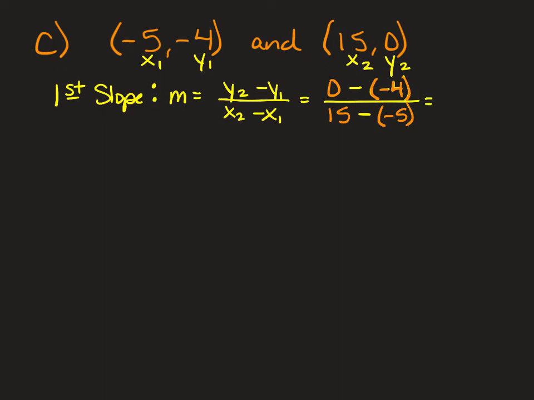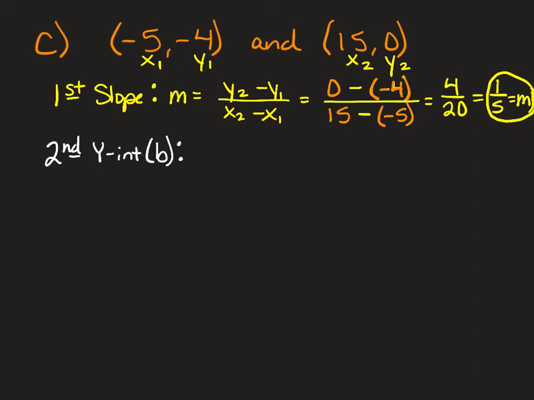So then we simplify. The numerator, 0 minus negative 4, is like saying 0 plus 4, which is 4. The denominator, 15 minus negative 5, is like saying 15 plus 5, which is 20. And this fraction, 4 over 20, will reduce to 1/5. So we get 1/5 for m, the slope.